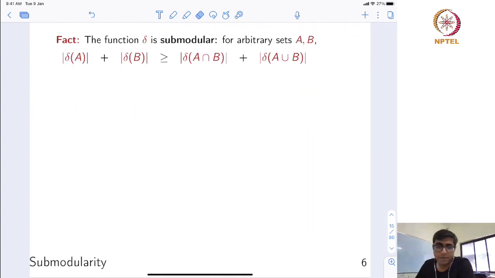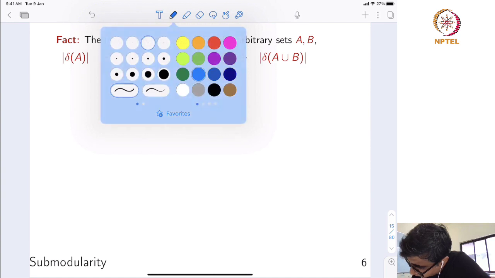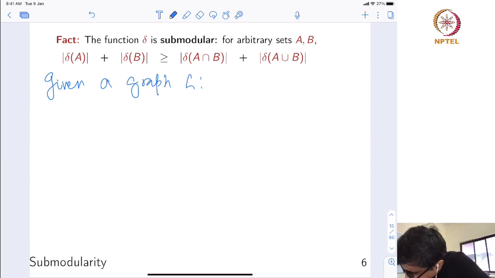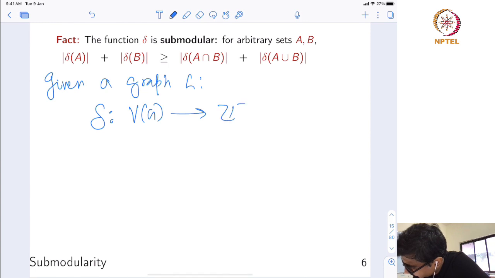Okay, so recall the function delta. Given a graph G, what was the function? The delta function was, in fact, r greater than or equal to 0.